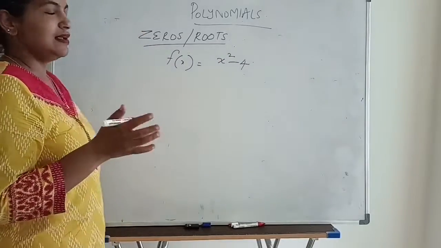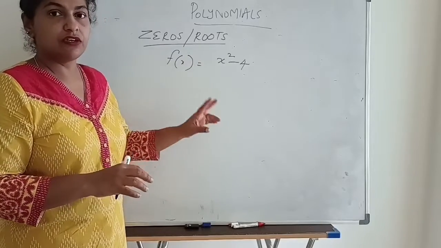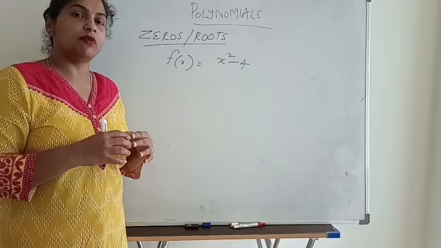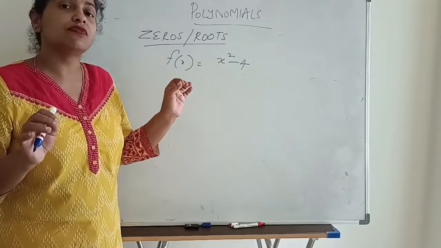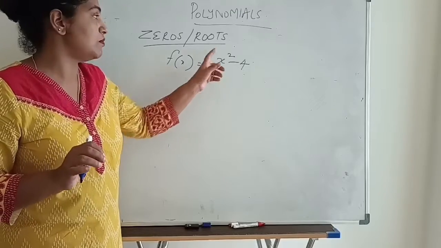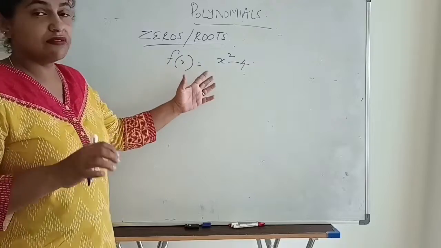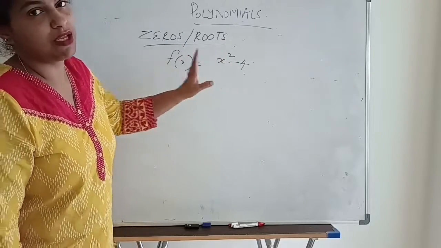So, let us just brush through the previous topics once again. How many terms? 2 terms, x square and minus 4. What is the degree of the polynomial? The degree of the polynomial is 2. What is the coefficient of the highest degree term? It is 1. Okay, clear? And this is a binomial and it is a quadratic polynomial. Okay.